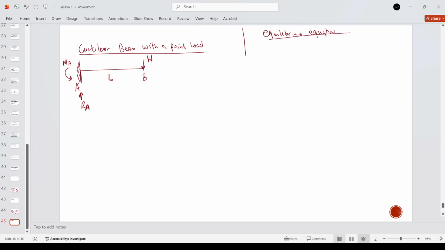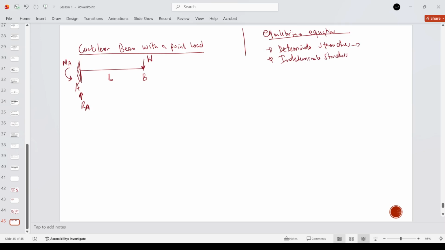We have two types of structures: determinate structures, then indeterminate structures.